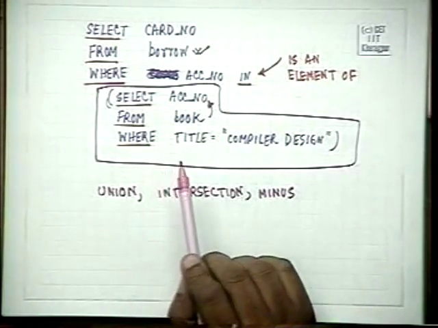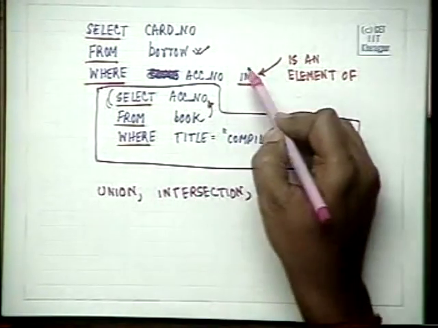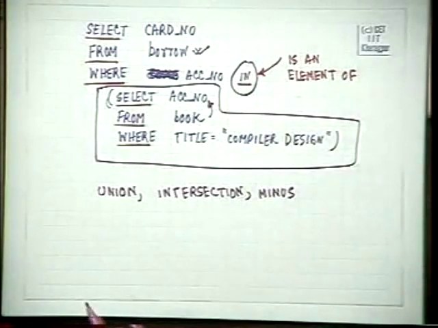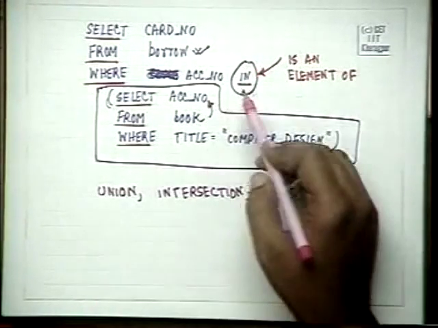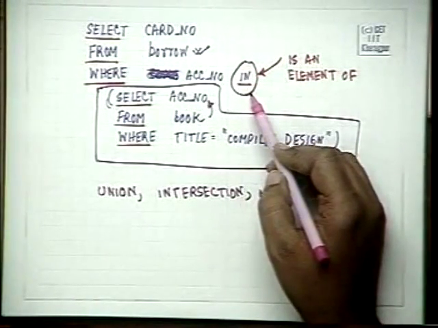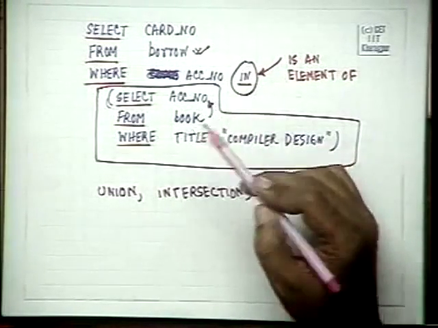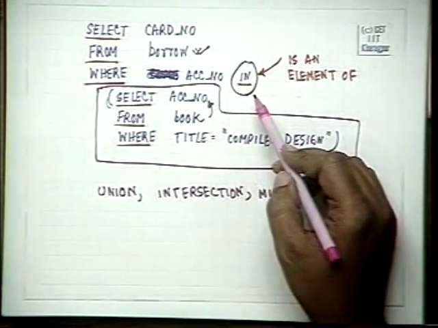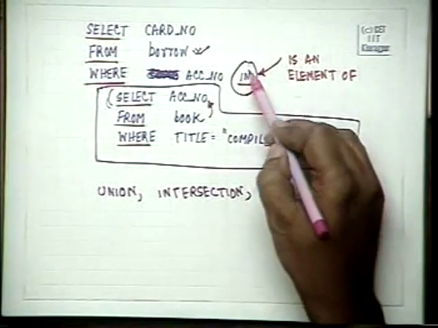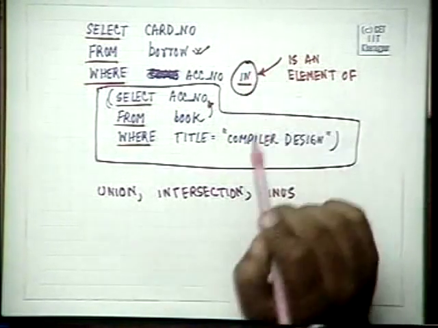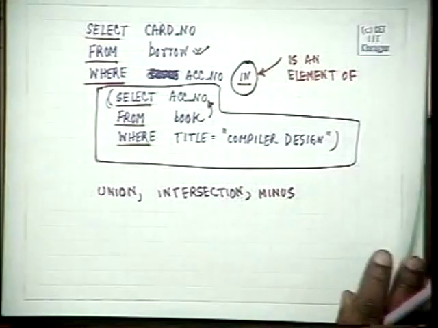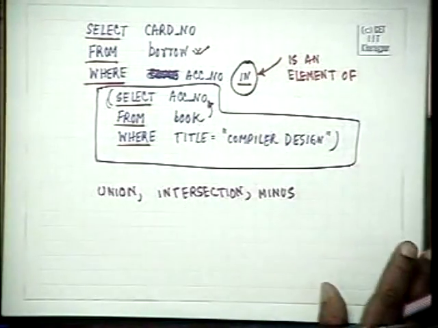So a query can be written out in many ways, and this is one interesting construct which is available, the set element construct. You also have the set subset construct as well. We will see that later on, but you have the set element construct which can be used to write down several interesting queries.